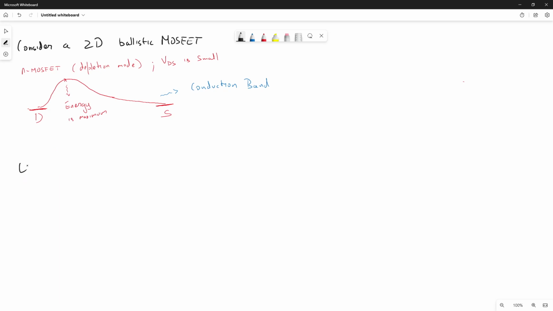So, what is electric field? E is equal to, so notation will get slightly confusing here. So let me just write it like this to distinguish that this is the electric field and not the energy. And let us call this the x-axis, the direction along which transport is happening.